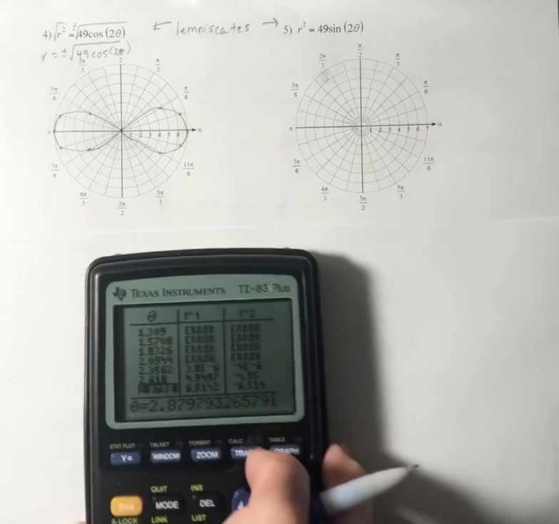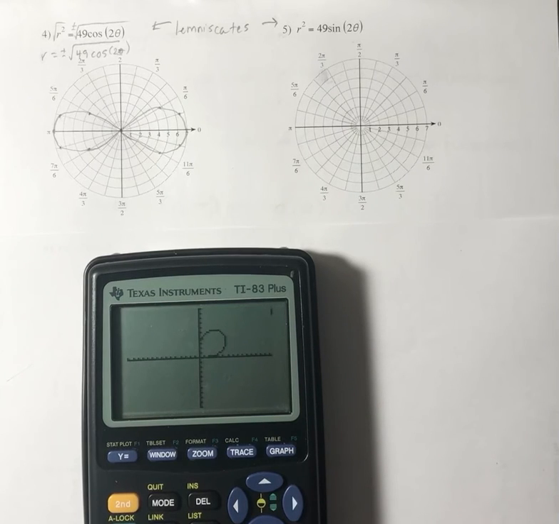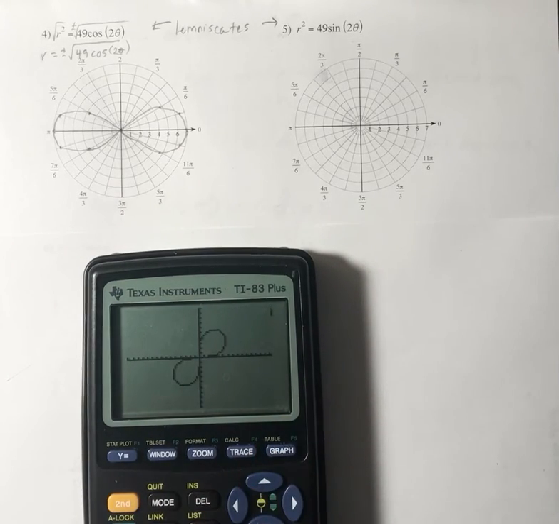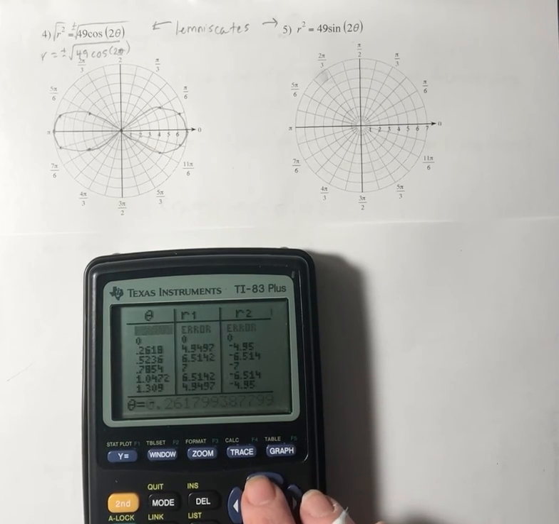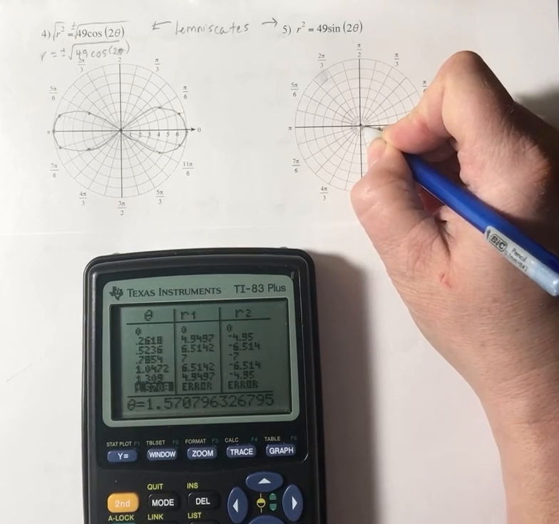So if I change it to sine, and I graph it, the graph looks very similar, and it takes a while to graph all those points. 0, 0.